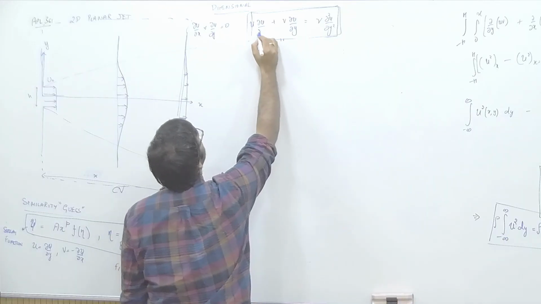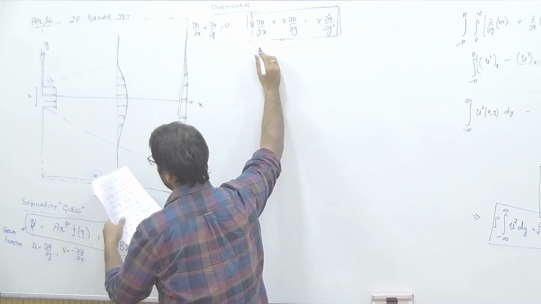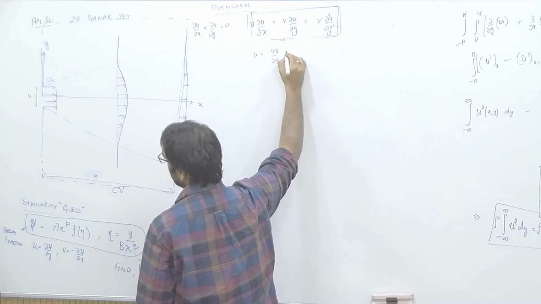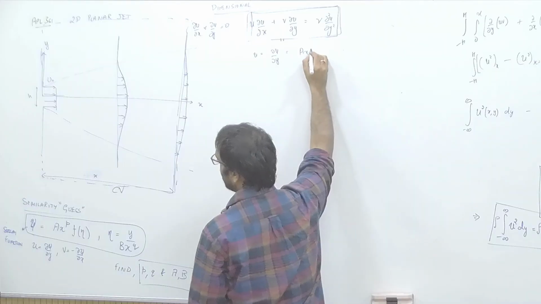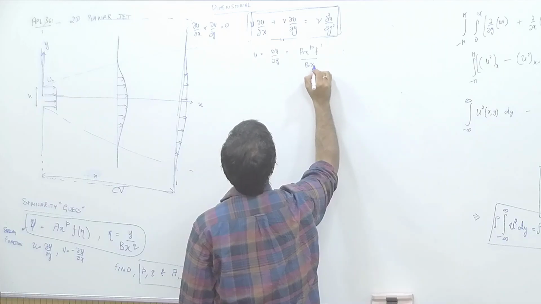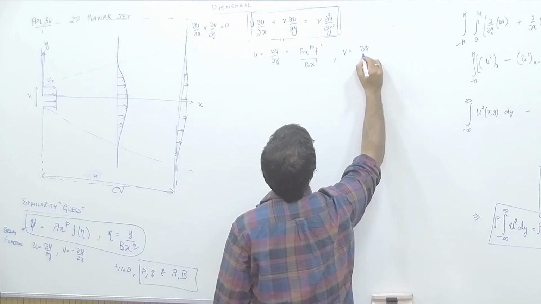So we have this as our equation. Now it's all about algebra. So u is del psi by del y, which is going to be a x to the power p f prime by b x to the power q. V is minus del psi by del x.